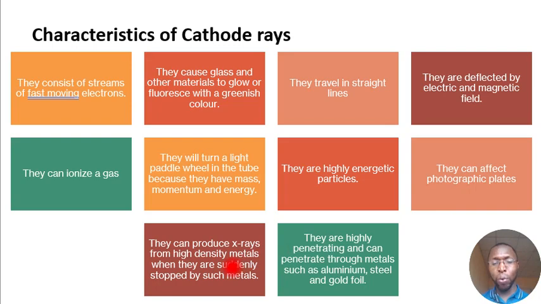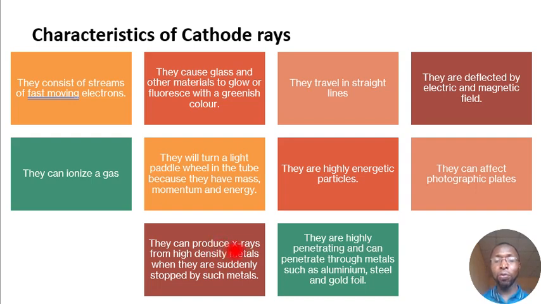We know that X-rays are produced when a metal like tungsten is connected to a high potential difference. There will be emission of electrons, and these electrons, when they hit the anode, produce X-rays from the anode. This is how we use the cathode ray to produce X-rays.